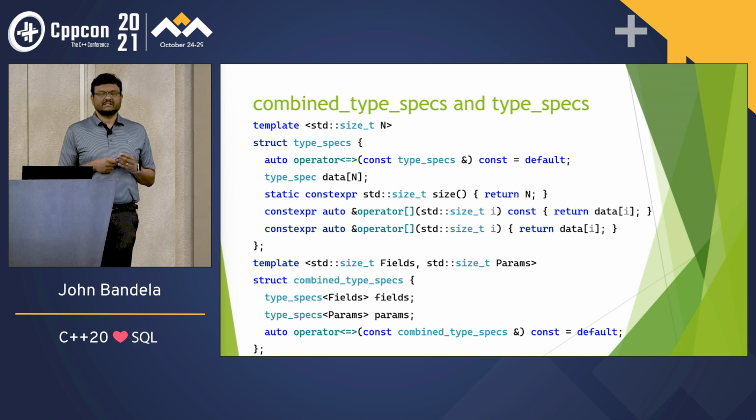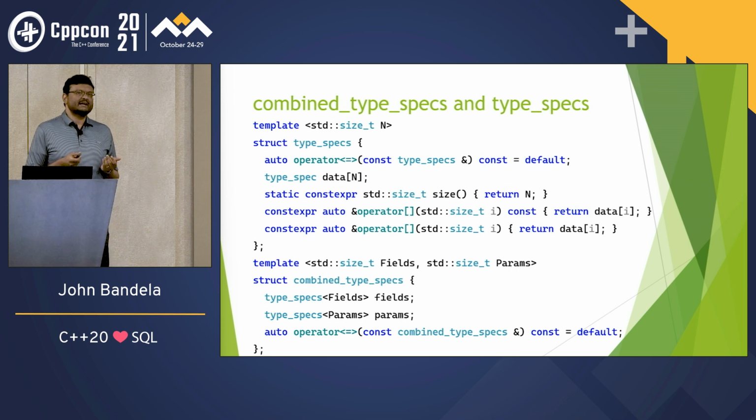But great question. All right, so what is combined type specs? Combined type specs basically holds two arrays of type spec, with the field size and the param size. And we can't use std array, because we want to actually pass these as template parameters.